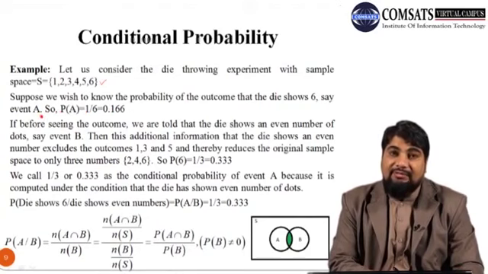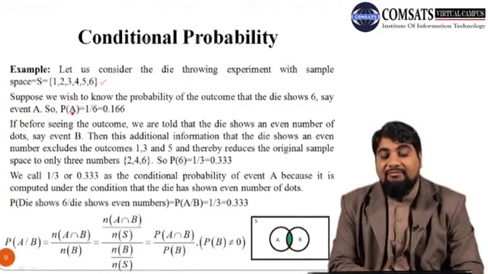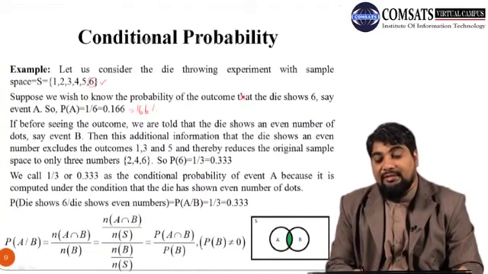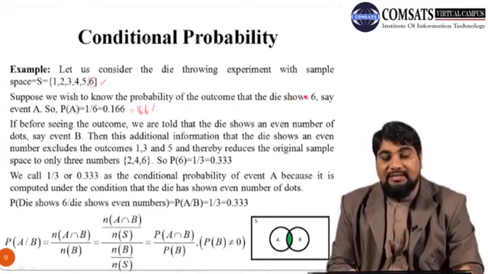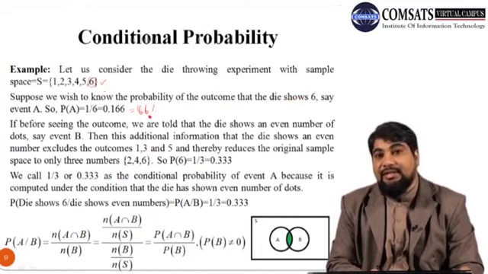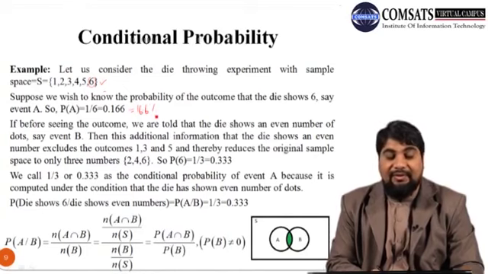Say this is our event A. So probability of A is 6 occurs one time out of these 6, so 1 over 6, which is 0.166, or 16.6%. So probability of getting a 6 when a die is thrown is 16.6%.